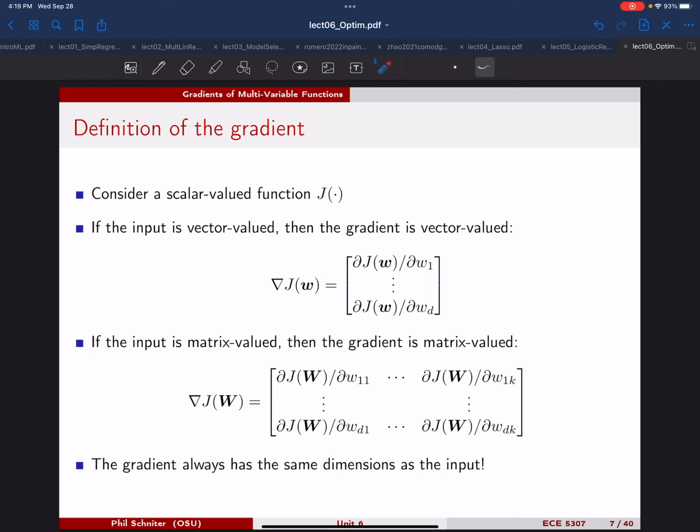Not surprisingly, the jth row and kth column would just be the partial derivative of j with respect to wjk. It follows the same rule in both cases. So just remember, the gradient always has the same dimensions as the input. Any questions so far?